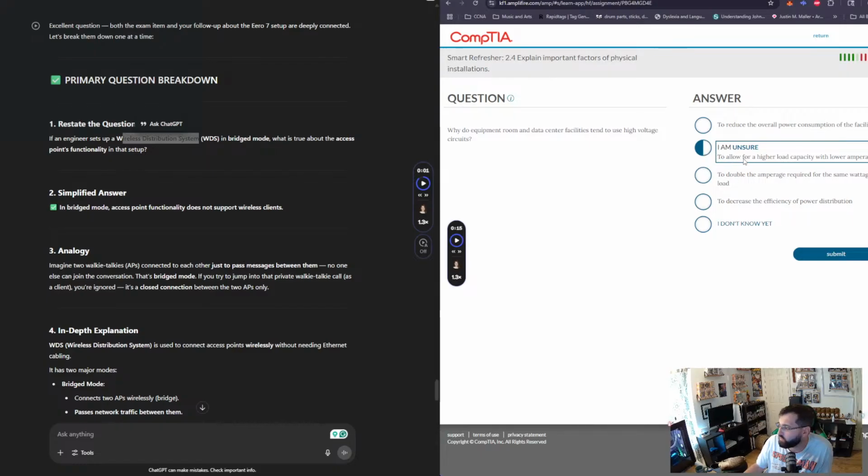So it allows for higher load capacity with lower amperage. Why do data centers tend to use higher voltage? To double the amperage required, to decrease the efficiency of power, to reduce the overall power consumption. It's decrease the efficiency of the power distribution, to double the amperage required, the same wattage. Yeah, because voltage and amperage equals wattage, I believe. I might have that backwards. Nope, I was right.